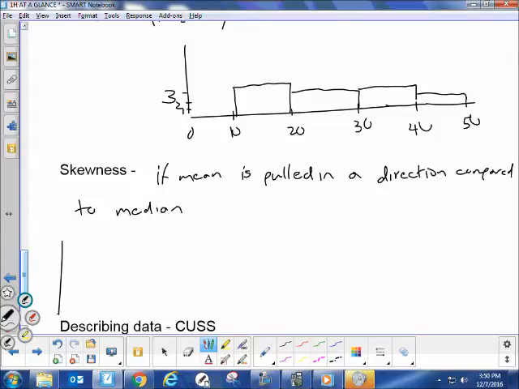So many students struggle with this. Graph of data like this, the median would actually be lower than the mean. The median would be down here, the mean would be up here. We would say this is skewed right.